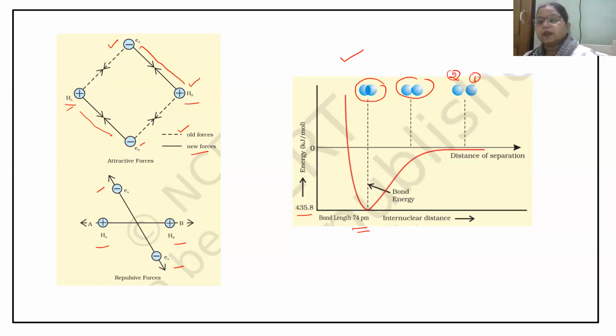And please remember, I expect this. Maybe I can creatively put this image in front of you in your paper and ask: find the bond length, find the bond energy, what is the distance of the closest approach, at what time the atoms are at maximum distance from each other, right?